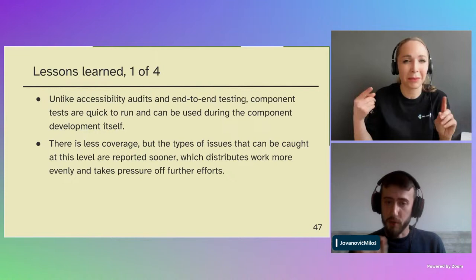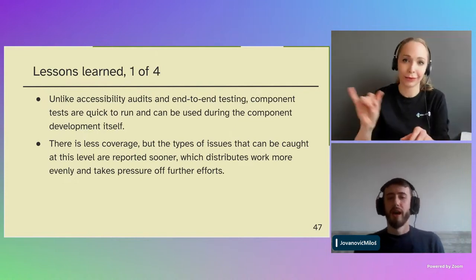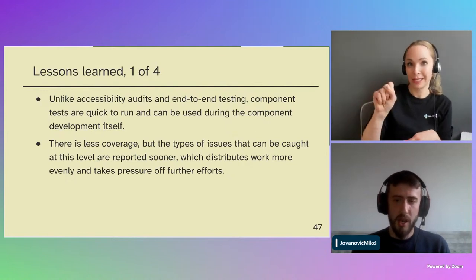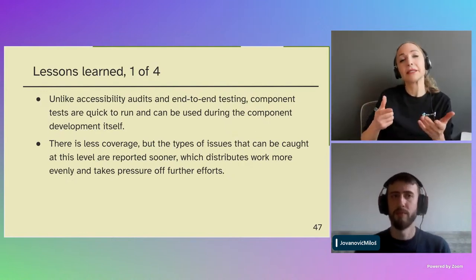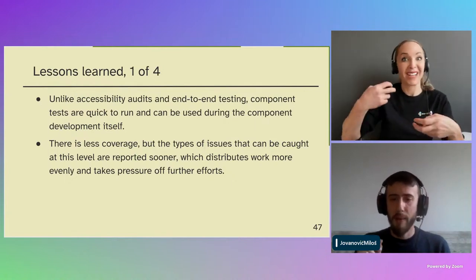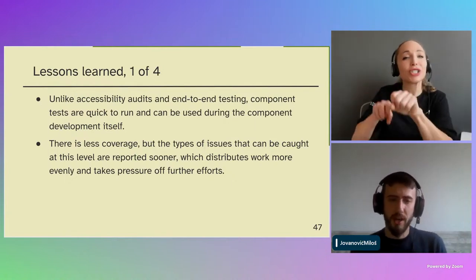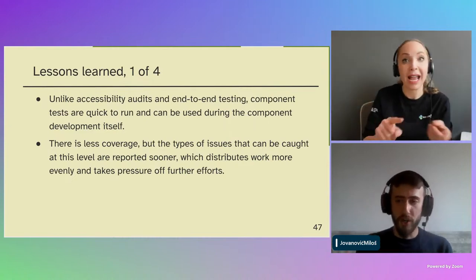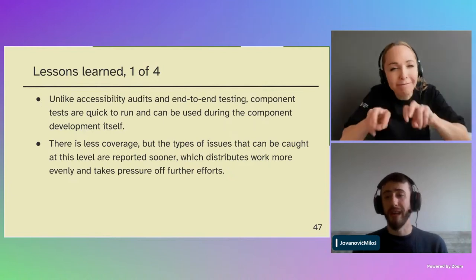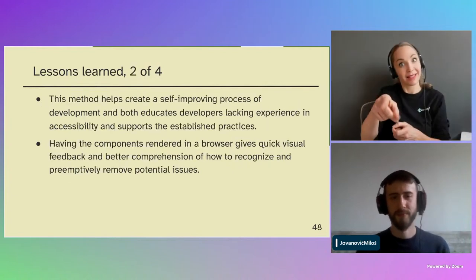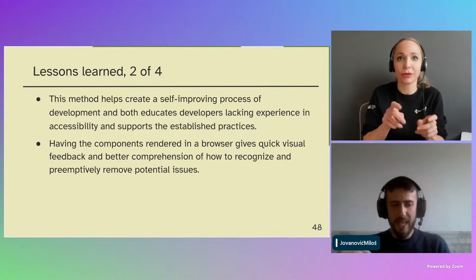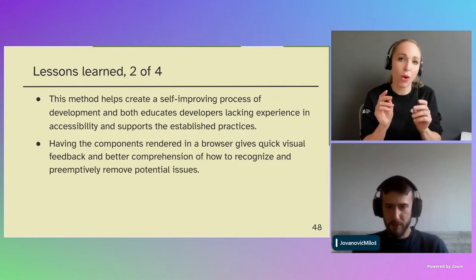With Cypress component testing once more, there is less coverage of issues caught than for end-to-end tests, for example. But those issues that are caught are shifted sooner, and you can react on them during the component build-out. This helps keep the accessibility on the developer's mind.